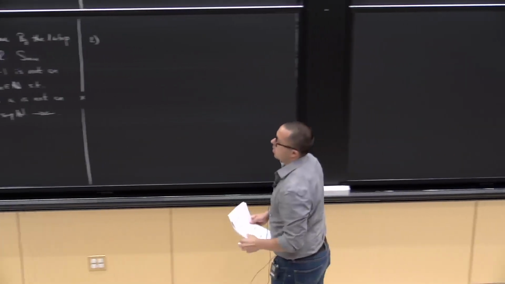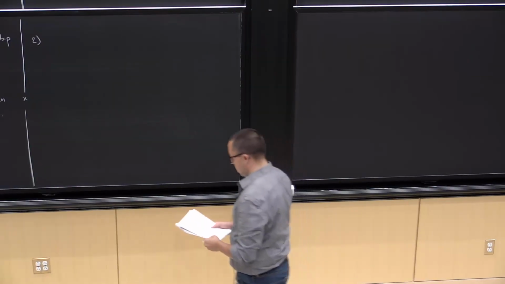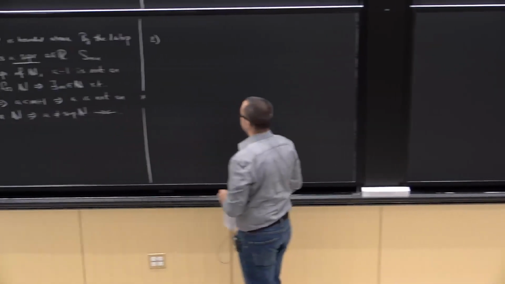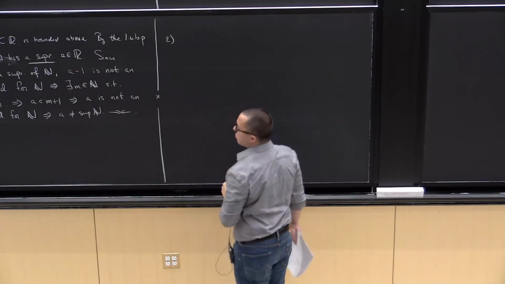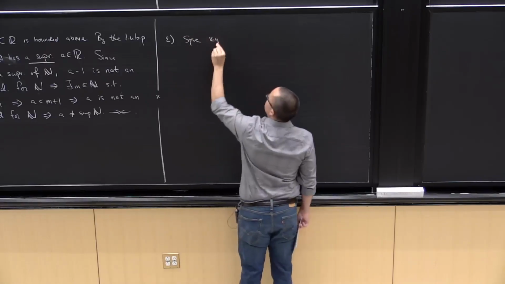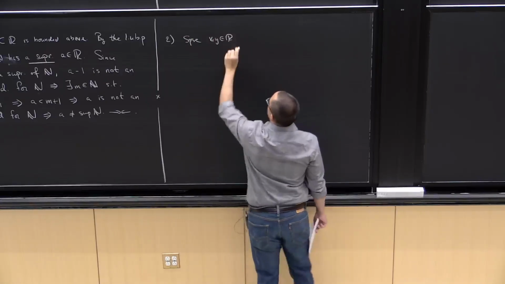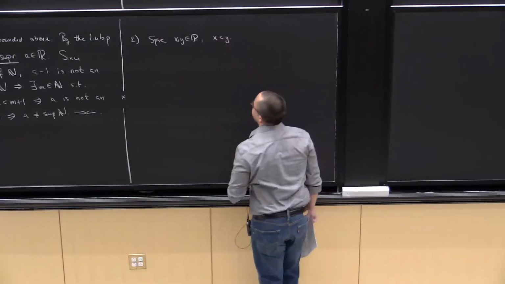For the proof of the second theorem, the density of rational numbers, we have 3 cases to consider. Suppose x and y are real numbers, x is less than y.